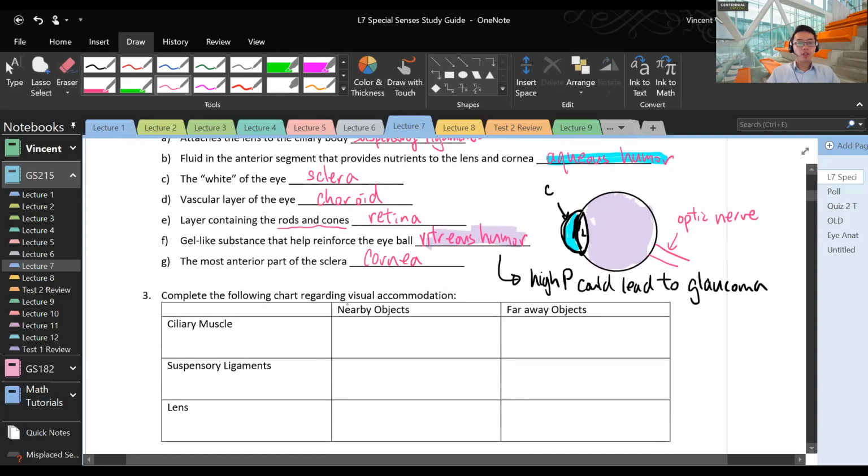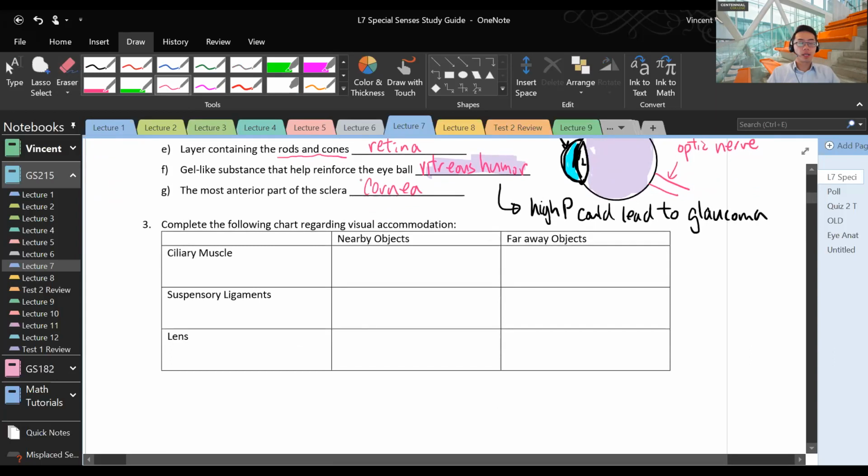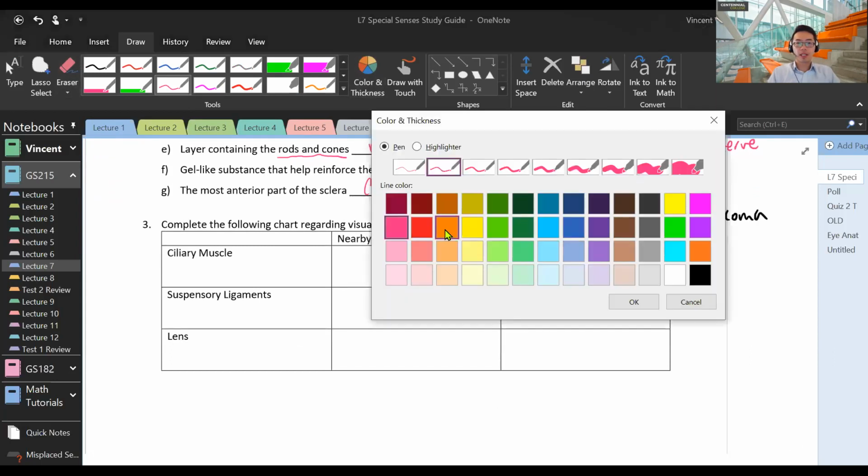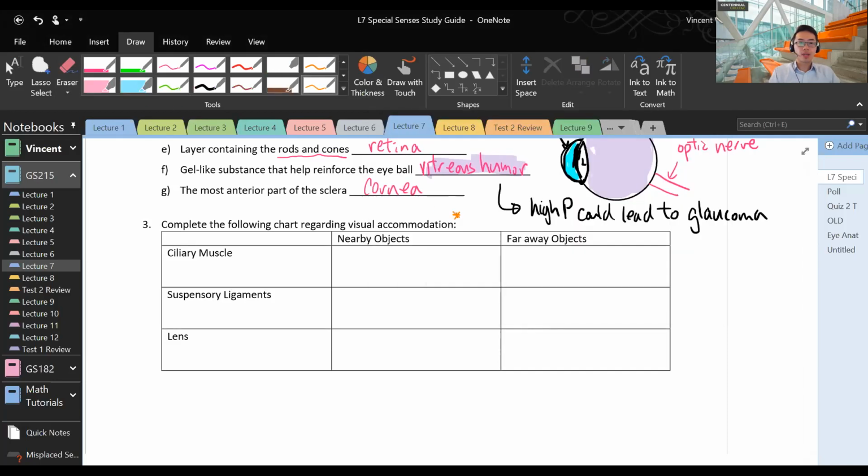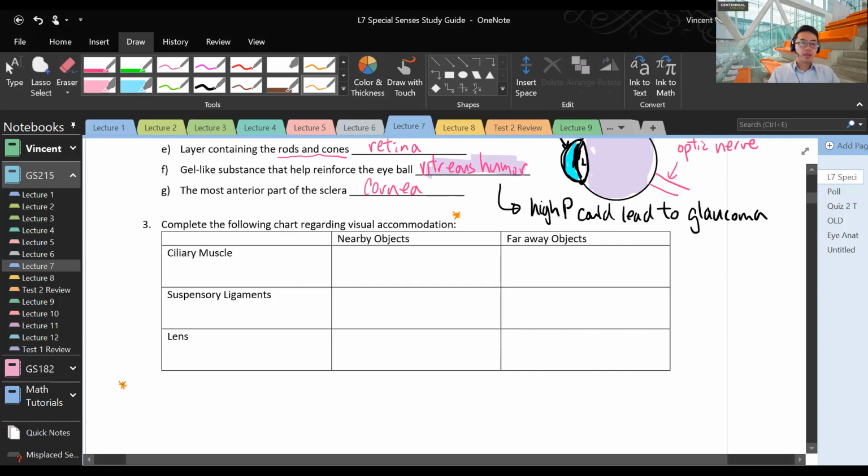Next, complete the following chart regarding visual accommodation. Okay, so let me just put a star here and I'll explain to you what visual accommodation means in case you need a refresher.